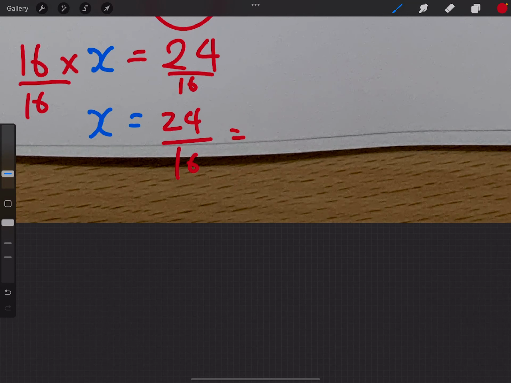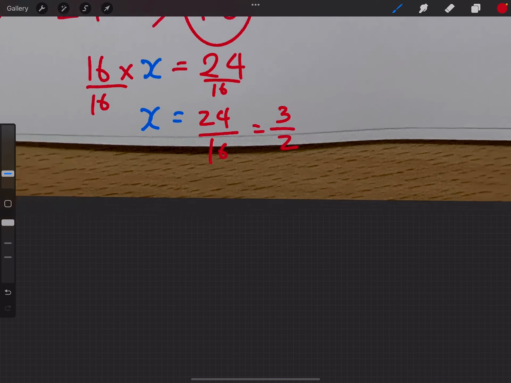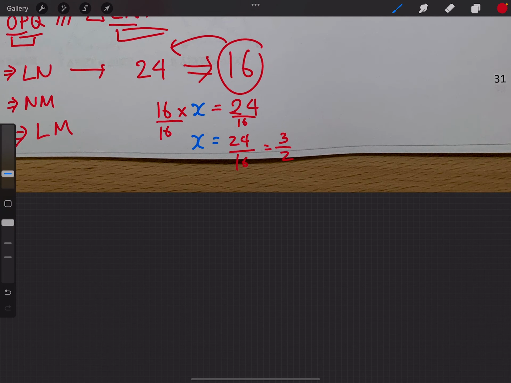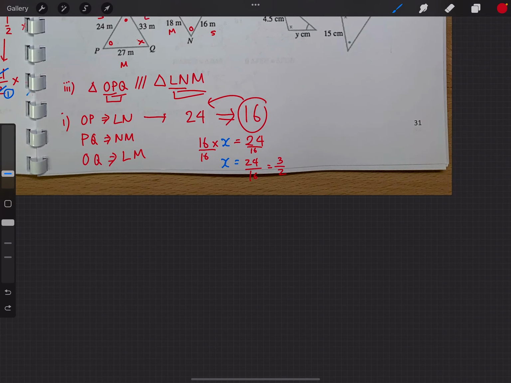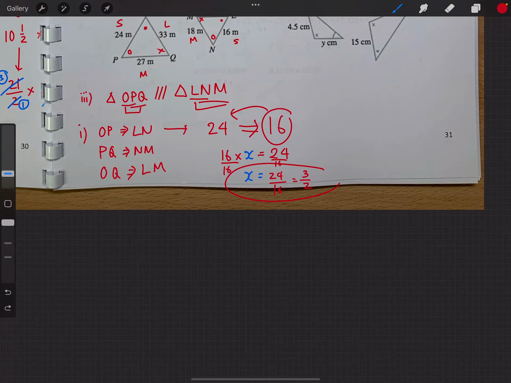Let's divide the top and bottom by 8, and you're going to get 3 over 2. So the scale factor is 3 over 2, or that's just 1.5, isn't it? But I'm just going to leave it as 3 over 2. So the scale factor is 3 over 2. There you go.